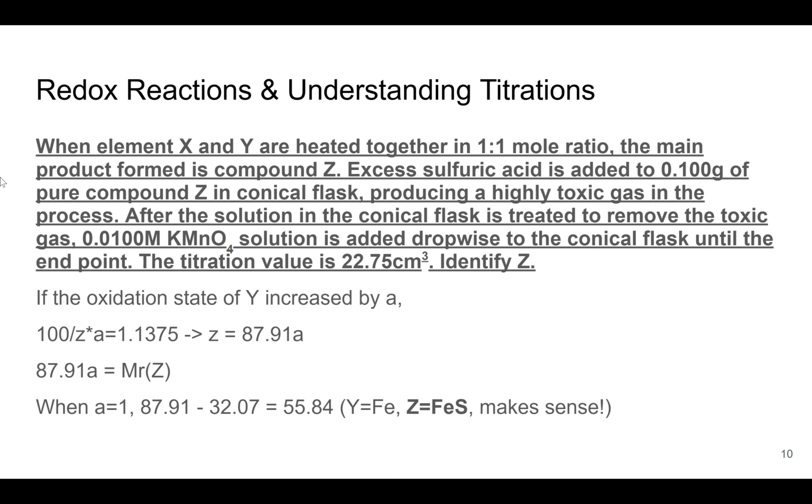So we take the number of moles of Y present, and that's 100 over Z millimoles. Because we know X and Y are heated together in a 1:1 mole ratio, the mole ratio of Y to Z is also 1:1.